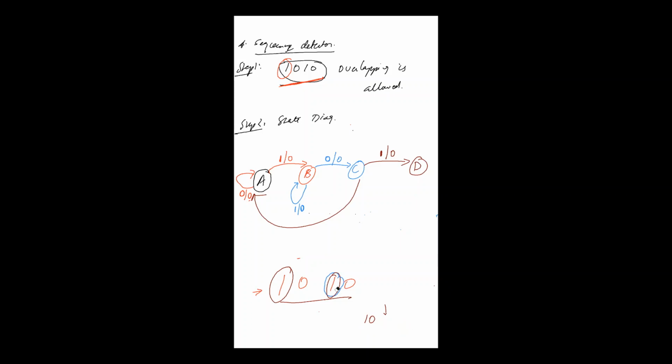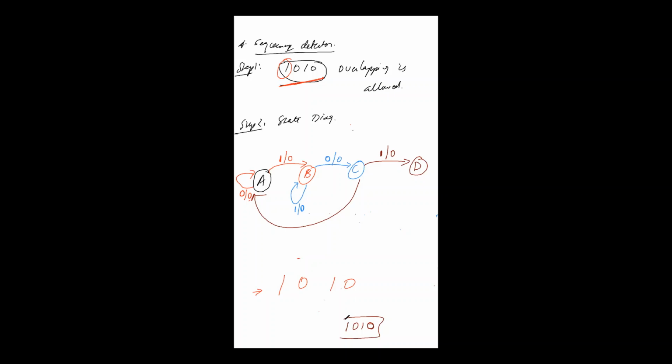Now you are at state D, and you have got 1 0 1. At state D you can get two options: either 0 or 1. Let's suppose you are getting 0, right?